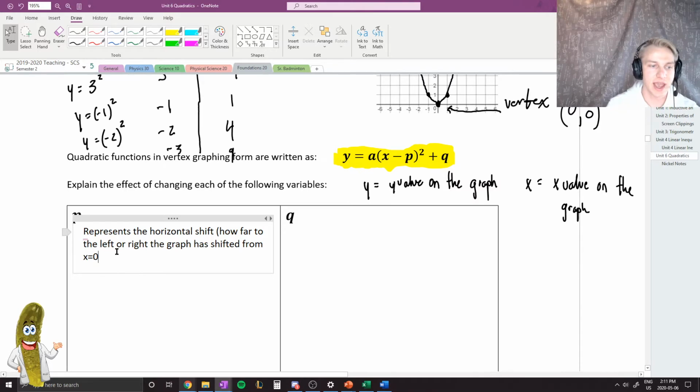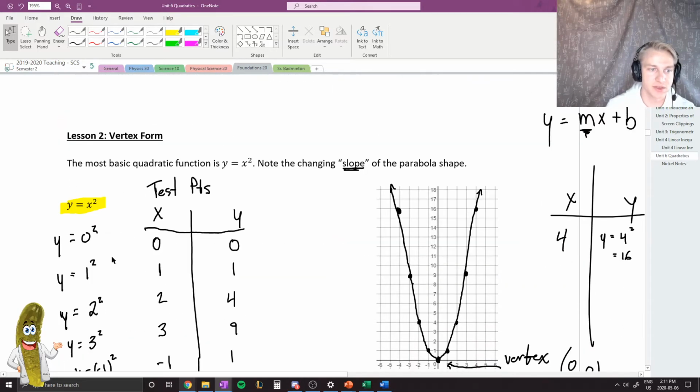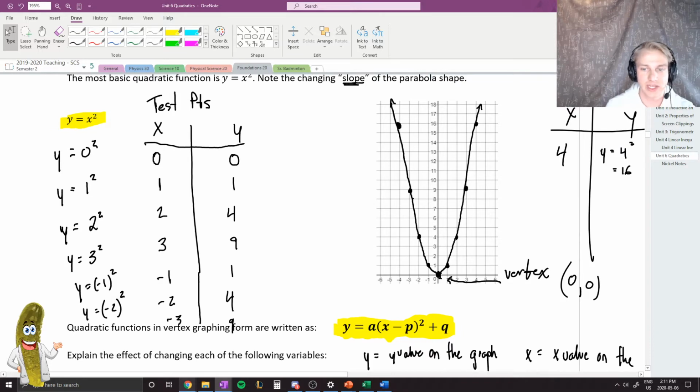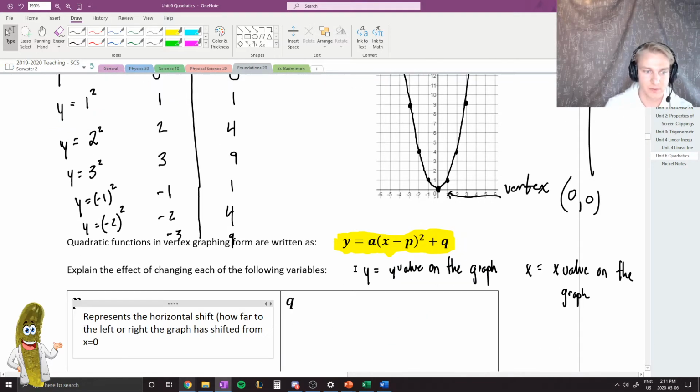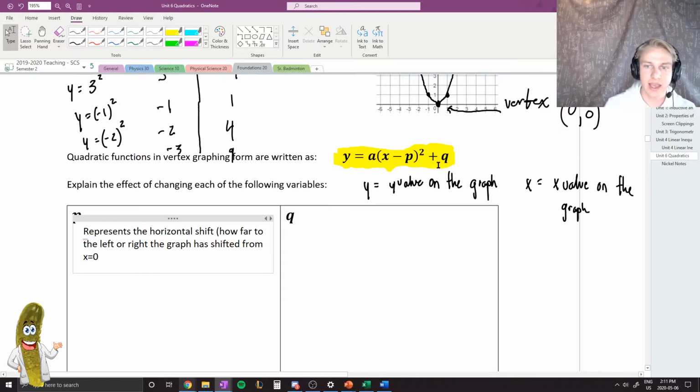And why I say x is equal to 0 is we said that this was the most basic quadratic function, and this one had the vertex at x is equal to 0 and y is equal to 0. And so when we add a p-value, that is going to shift the graph.